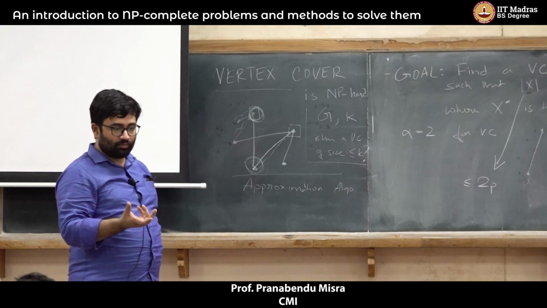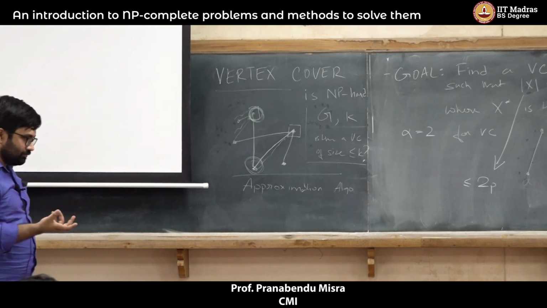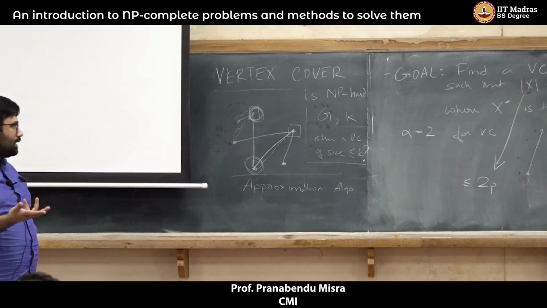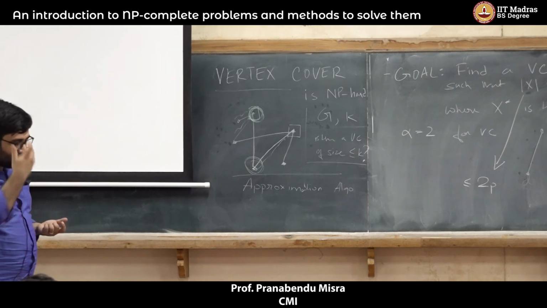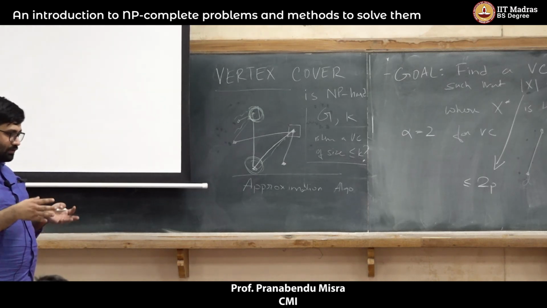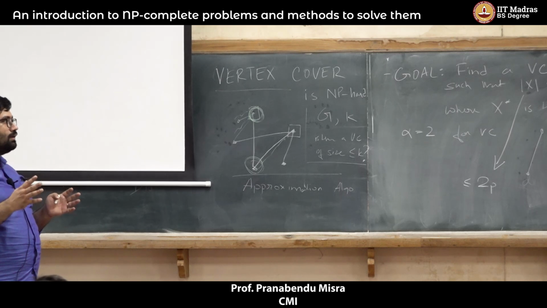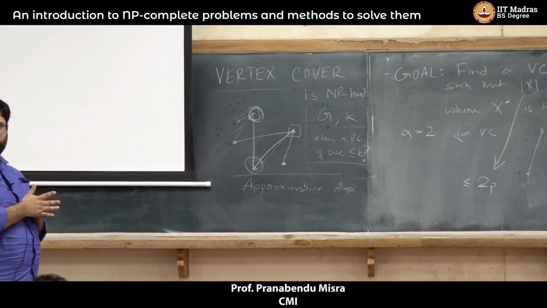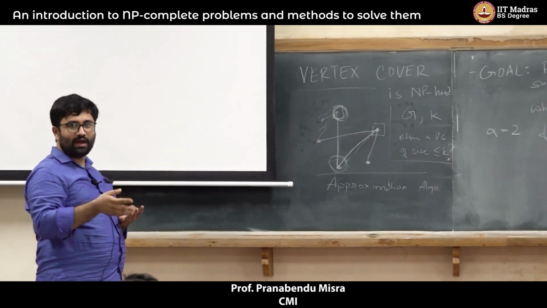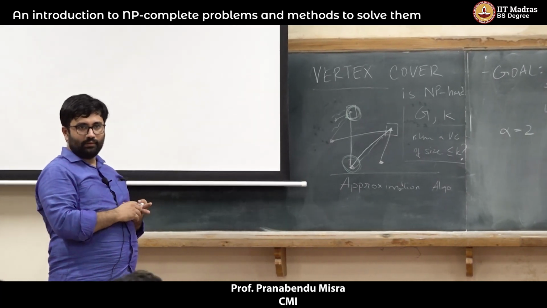Now, what is approximately true? There is no meaning of that. You can try to create some meaning by saying, give me an assignment of the variables to true or false such that, let's say, at least 50% of the clauses are true. That is not called CNF SAT, that is a different problem called max SAT.